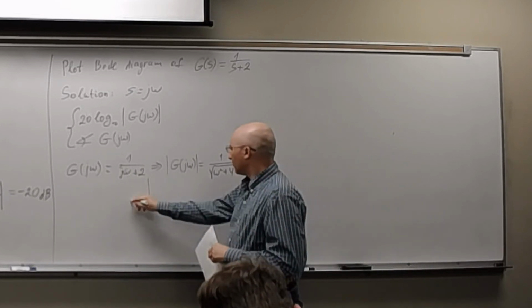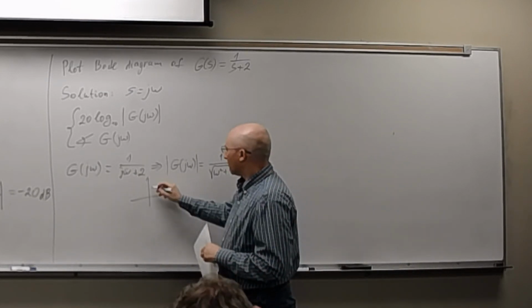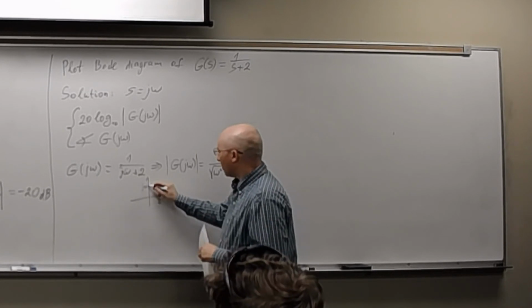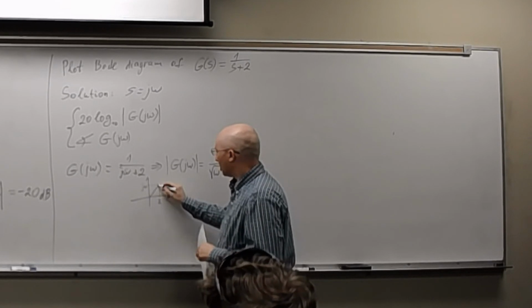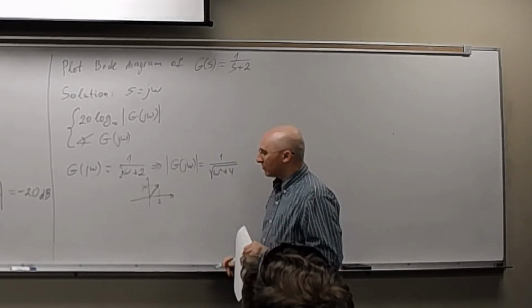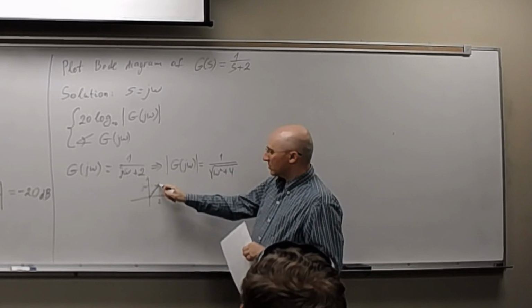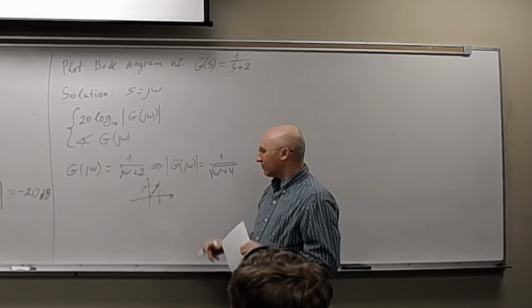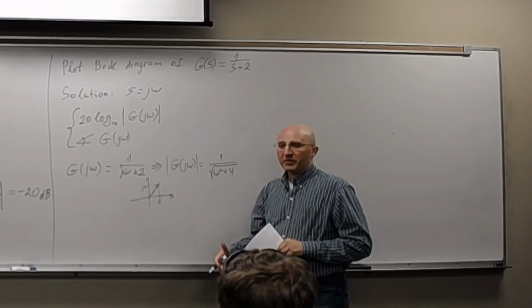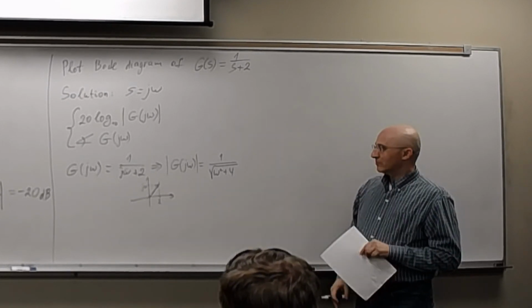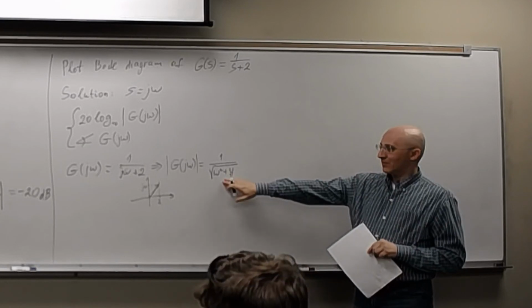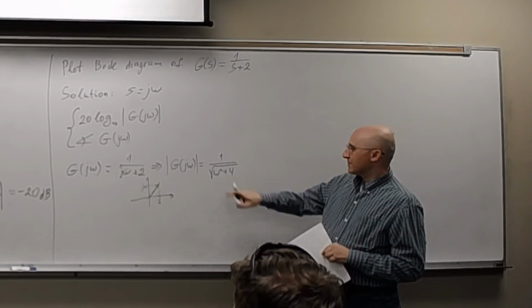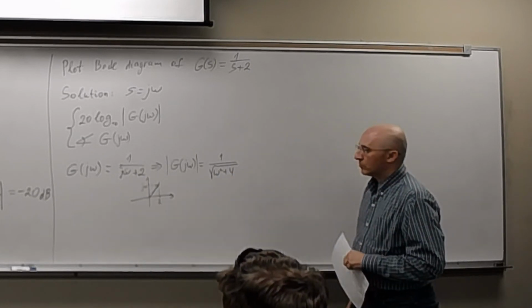You have j omega here and 2 here. It's your complex number. You're looking for the magnitude, which is the length of that vector. So it's 2 squared plus omega squared equals that thing squared, Pythagoras here. Okay. Any questions on that? Okay, so this is just the absolute value of that vector.